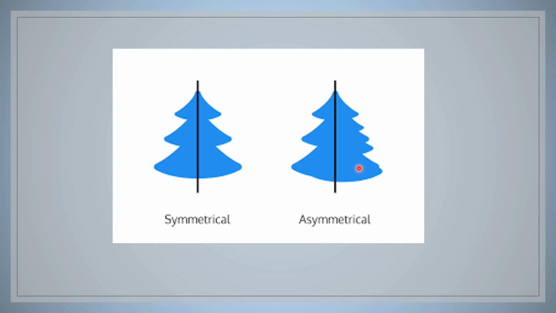One more example of symmetrical and asymmetrical: you can see a Christmas tree which, when you cut it into half, that is the line of symmetry. In the symmetrical one both the sides are equal, whereas in the asymmetrical one both the sides look different. Why? Because the figure is different, and when you draw a line of symmetry, both the sides look different. So therefore it is an asymmetrical figure.